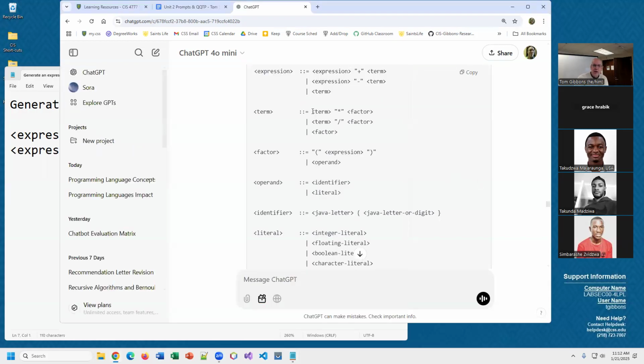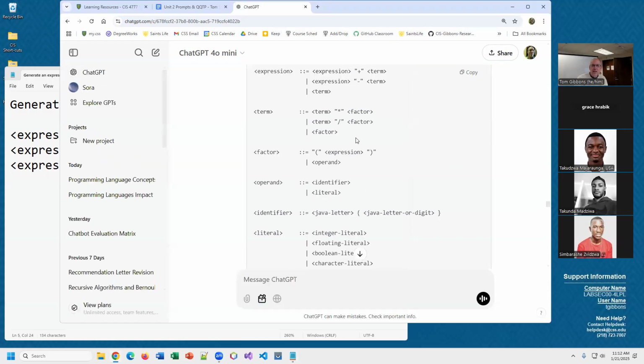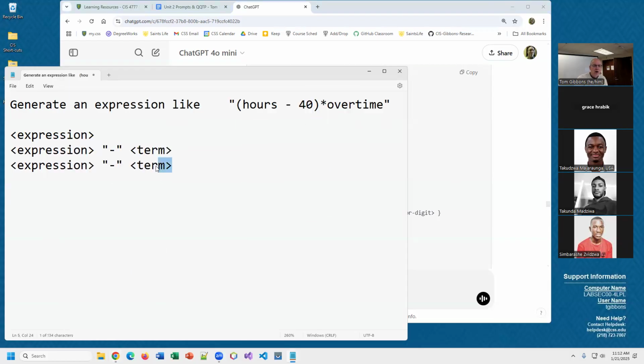The term can be replaced with a term multiplication of factor. So I'm going to try to do that here. And one thing I suggest sometimes is just to play with these rules, because it's okay to read these, but when you start actually trying them out, you'll start getting to know them a little better. So this term I can replace with a term multiplication and a factor.